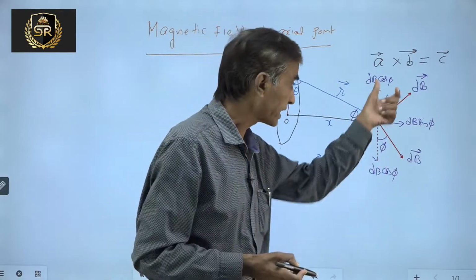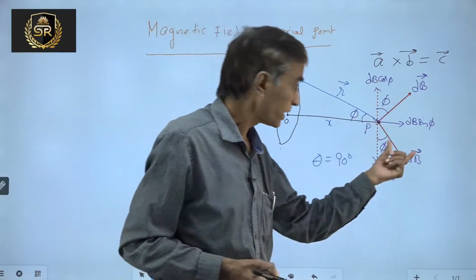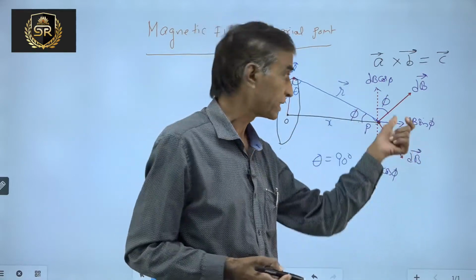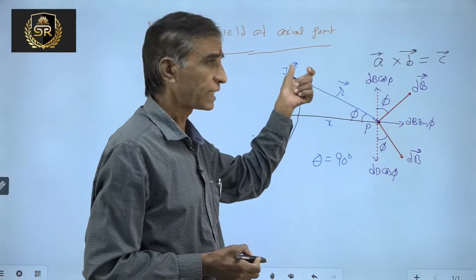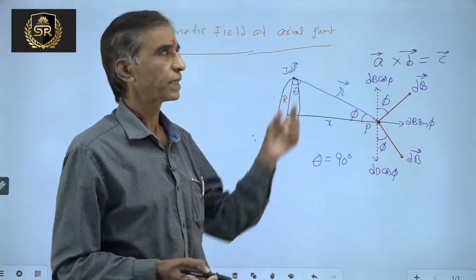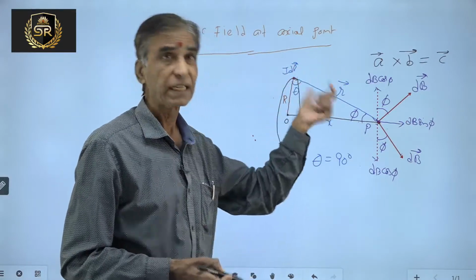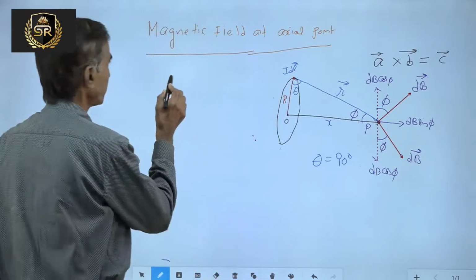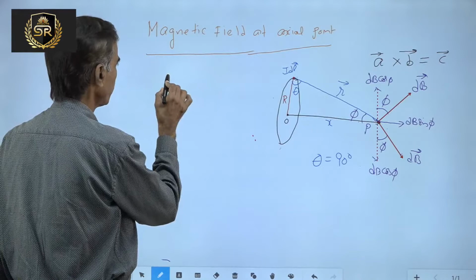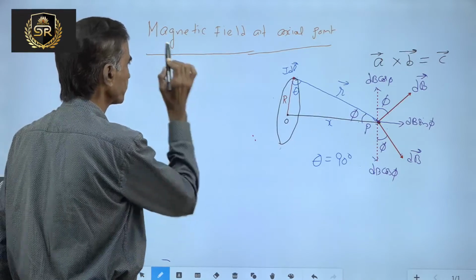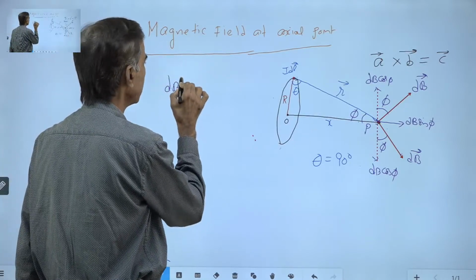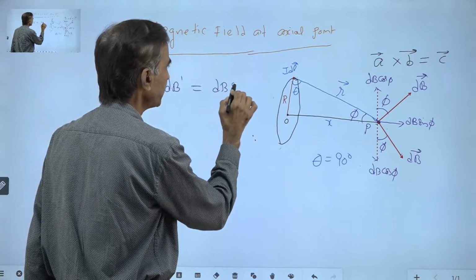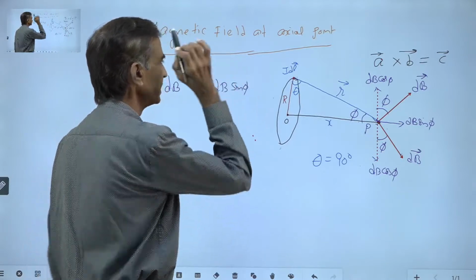The y components get cancelled, and only due to the x component there will be a field at this point because of this current element. Therefore, our resultant field, dB dash let us say, is equal to dB sin phi.